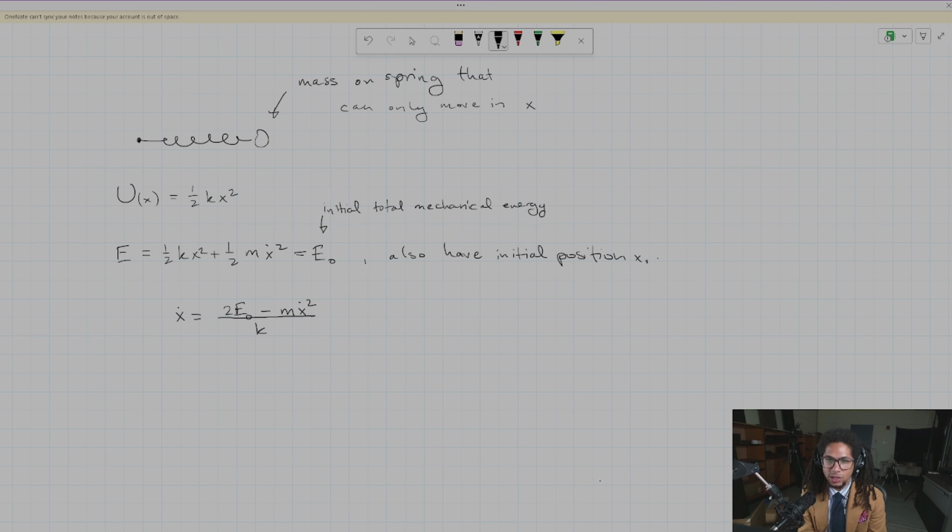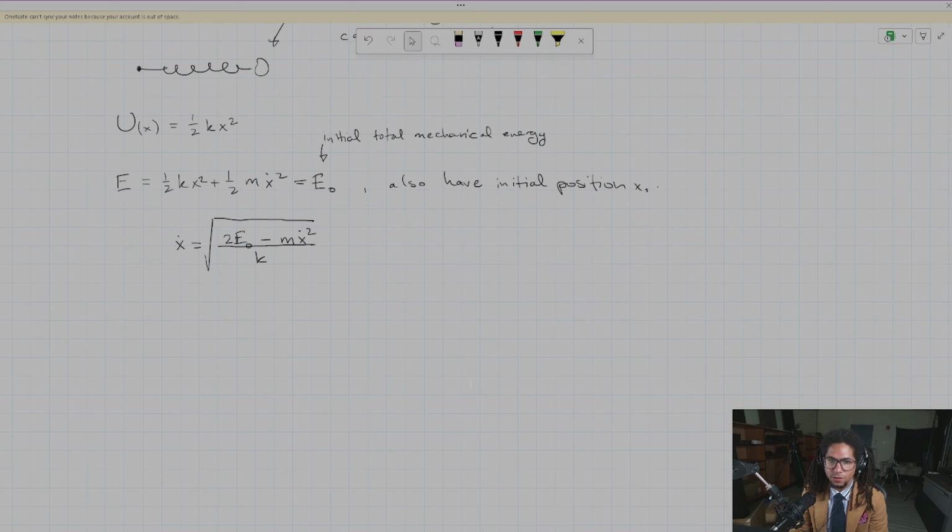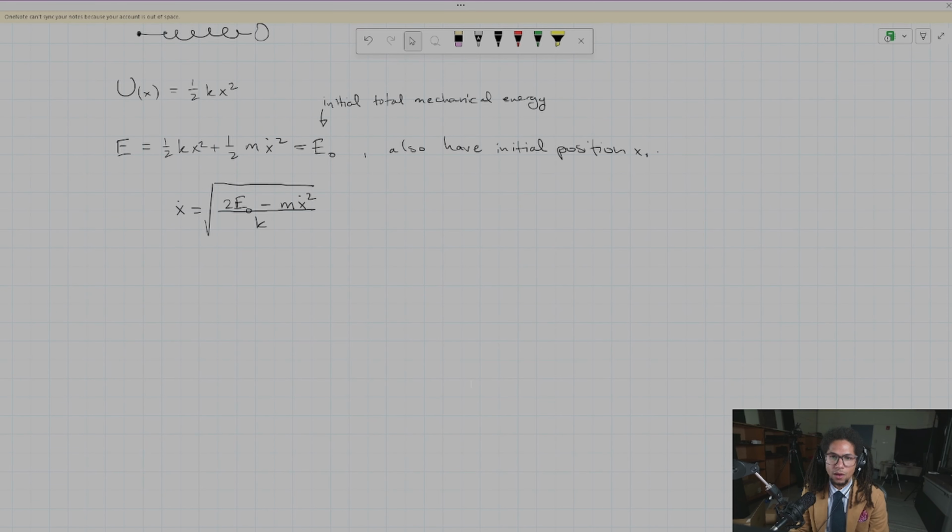Then I would need to take a square root. Good. All right, so this is my ODE for x.